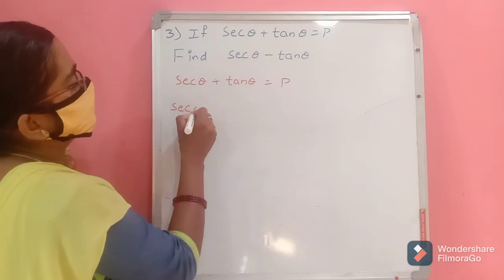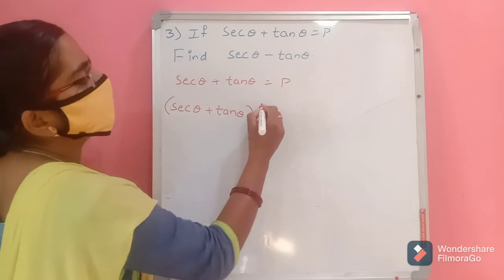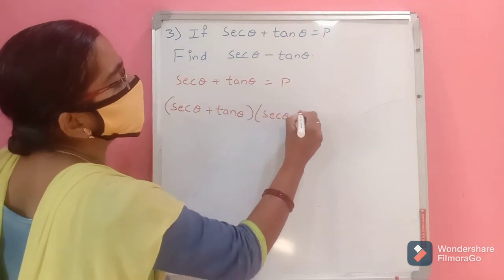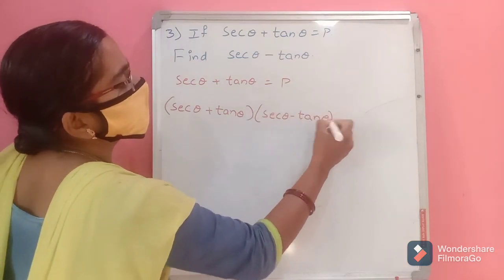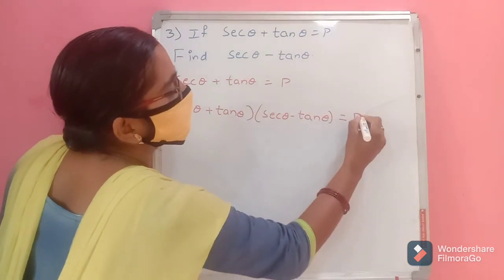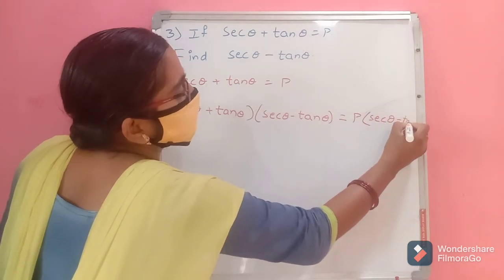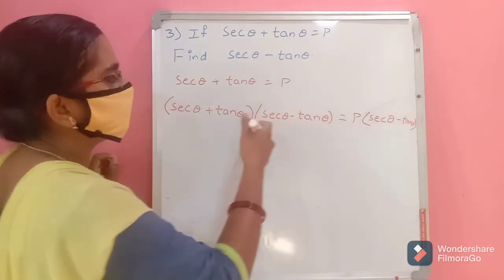The LHS is sec theta plus tan theta multiplied with sec theta minus tan theta, and the RHS also should be multiplied with the same sec theta minus tan theta.